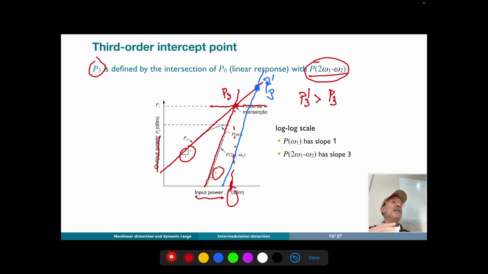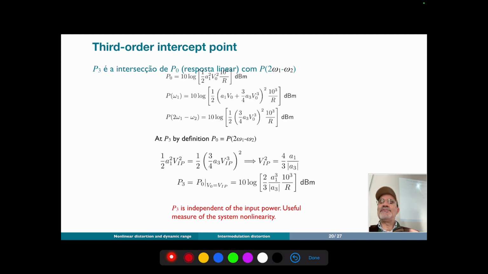Because you can increase the power to a higher value until you reach the region of distortion. Okay, so the distortion will be lower. And so that's why this third order intersect point can be used to define the nonlinearity of the amplifier. It's a measure of the nonlinearity of the amplifier.